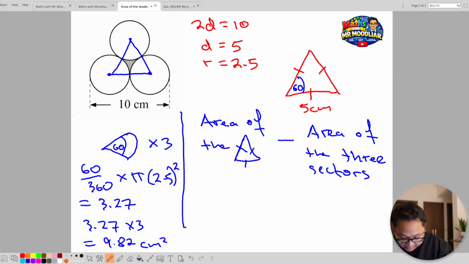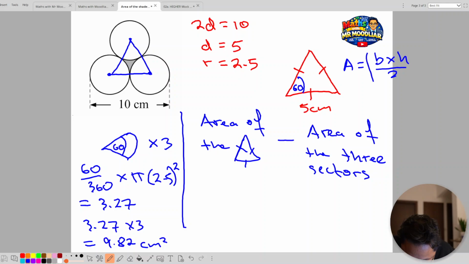Now we are going to work out the area of that beautiful triangle, which is equilateral. So again, we have a problem. To work out the area of that triangle is base times the height divided by 2. The problem that we have right now is we haven't got the height.